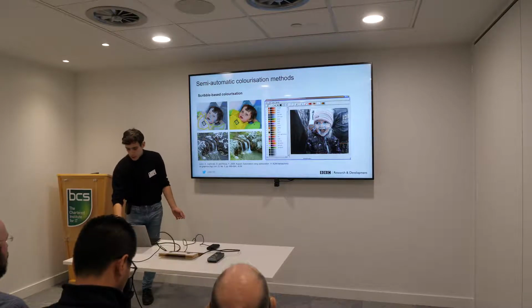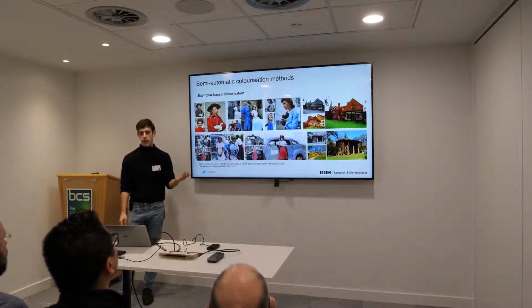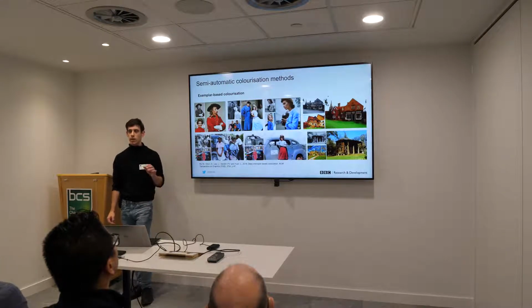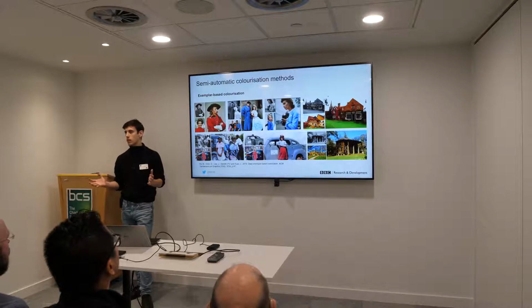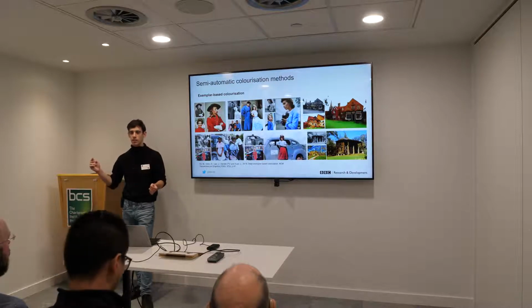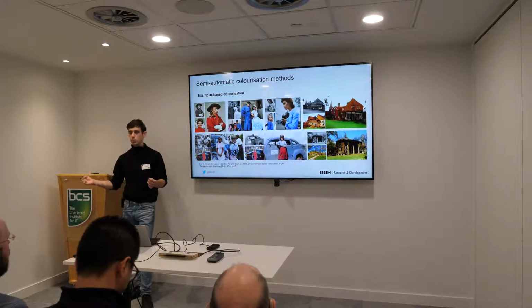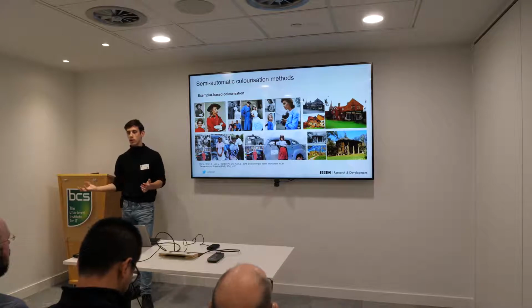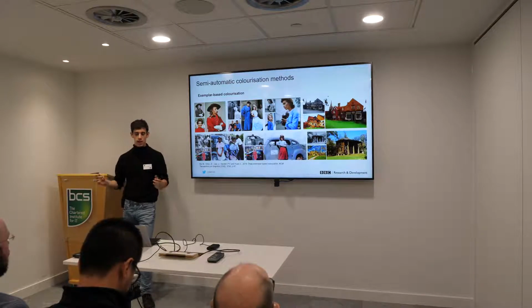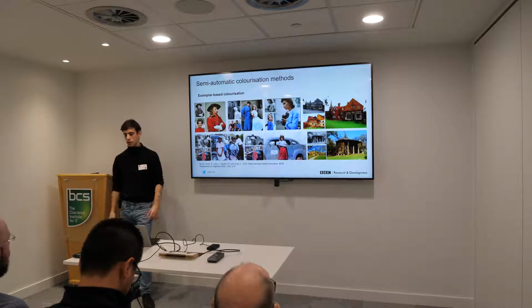Another example is exemplar-based colorization, in which we provide a similar color image of the grayscale image, and then the system learns how to transfer the style from the colorized image to the grayscale one and get the colorized version.